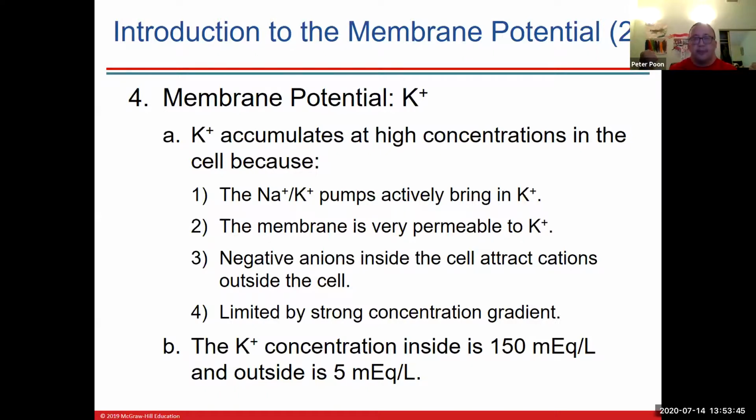The negative ions inside the cell attract positive charges, so it can come in easier. It's limited by a strong concentration gradient. If you bring in too much, it'll start to leak out.